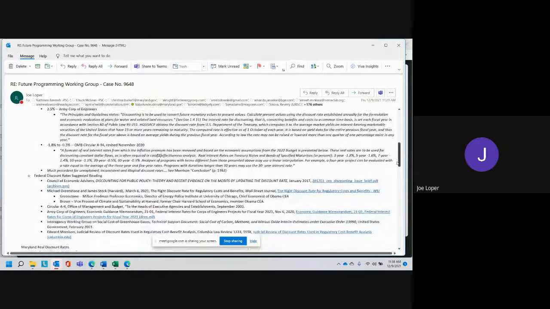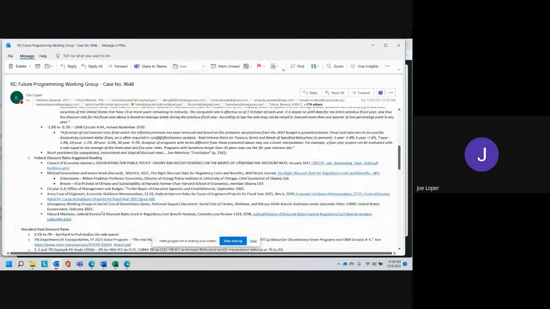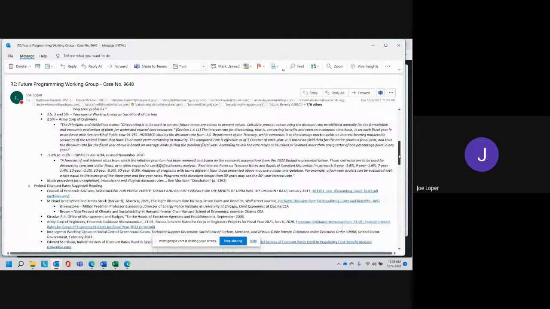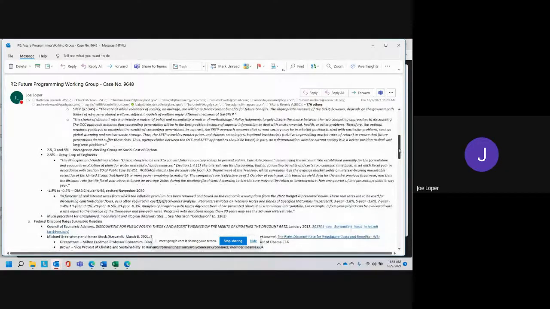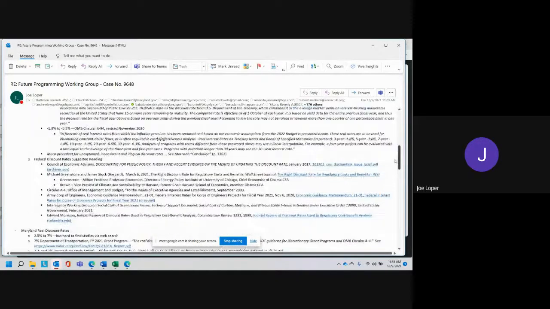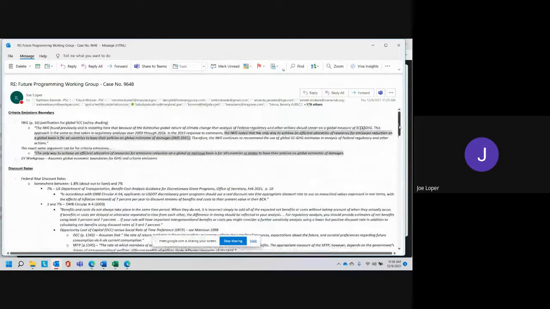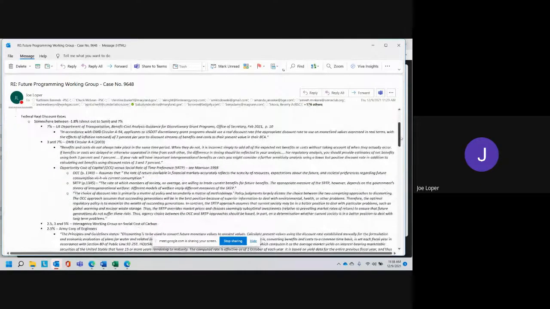It's this judicial review down here, Edward Morrison. He was looking at how different agencies are doing discount rates and trying to find rhyme or reason. Basically his conclusion was pretty stark: there ain't no rhyme or reason. Everybody's just doing whatever they want to do, and in many cases they're not even feeling the need to say why they're doing it.